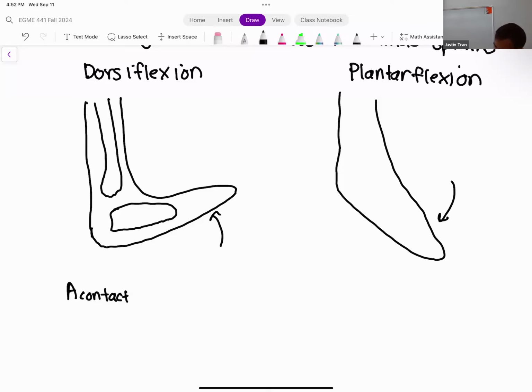This was a study in 2006 by a scientist called Millington. What they found is that in dorsiflexion, on average, the contact area was about 7.34, with a standard deviation of 1.69 centimeters squared.